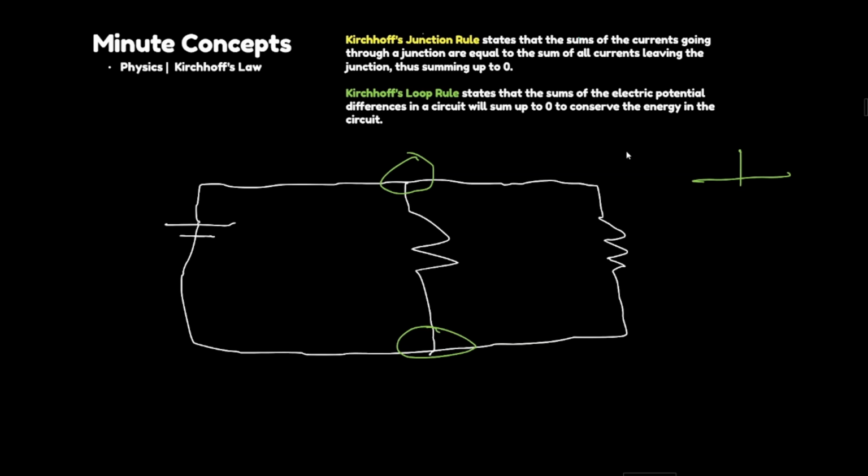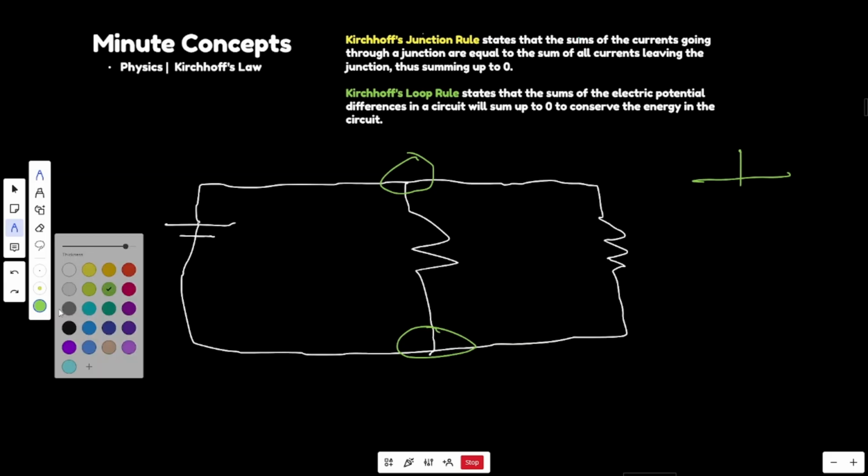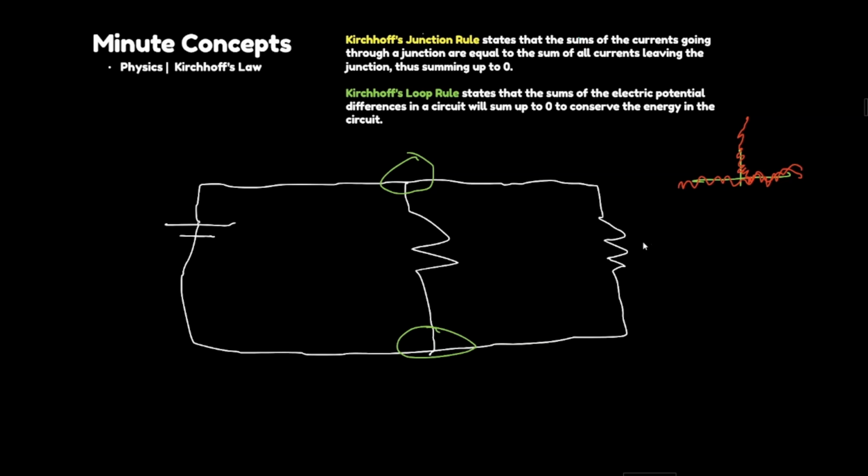And this makes sense. We know this intuitively, so let's use this drawing up here. Let's say that I'm going to run current through this wire. It's eventually going to go out this way, or it can go out this way. And that really just explains Kirchhoff's junction rule by itself.